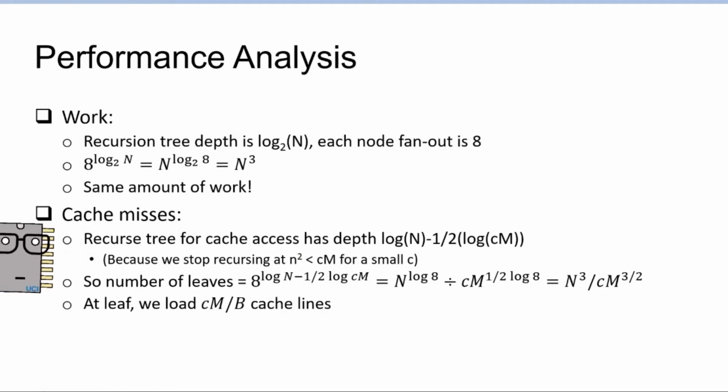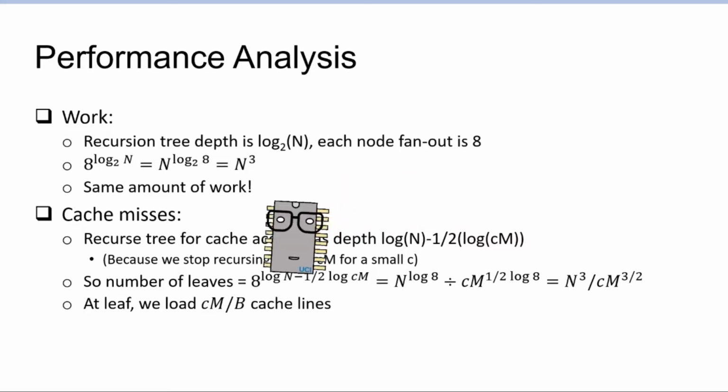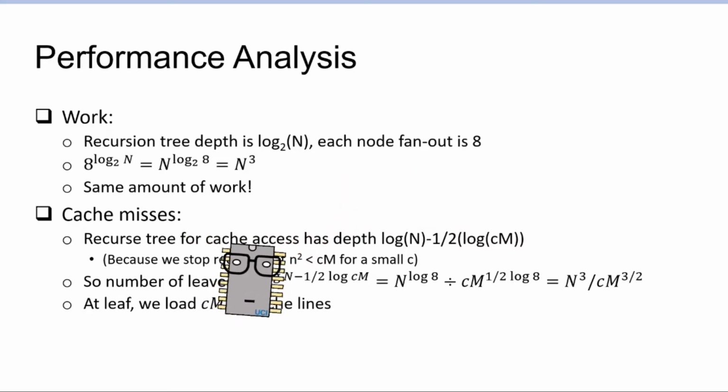So the recursive tree for cache access has a depth of log 2 of n, again, minus half of log 2 of cM. The subtraction here exists because we want to stop recursing when the submatrix size, n squared, is smaller than the size of the smallest cache.